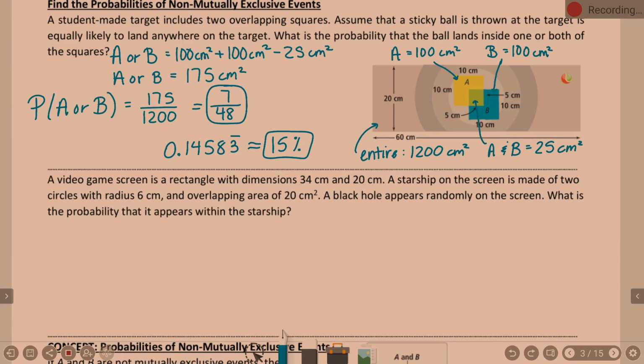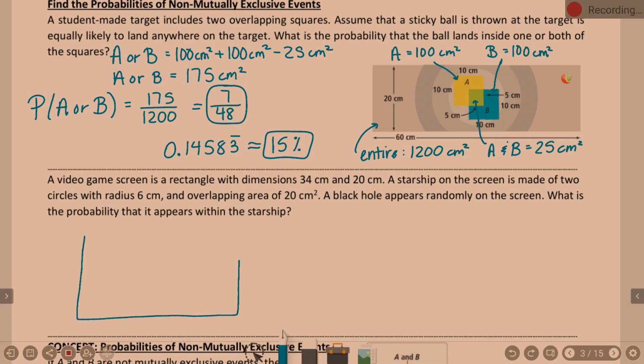So I see this as what's the probability that the starship is going into the black hole. Okay, now, downfall, no provided picture here. Not saying you'd have to draw a picture on this one, but I'm the teacher, this is a note, so guess what I'm doing? I'm drawing a picture. That's a starship. A rectangle and then a giant starship.